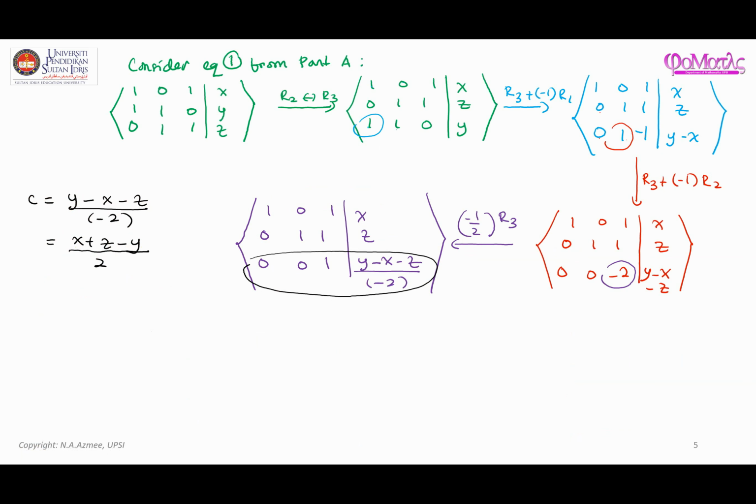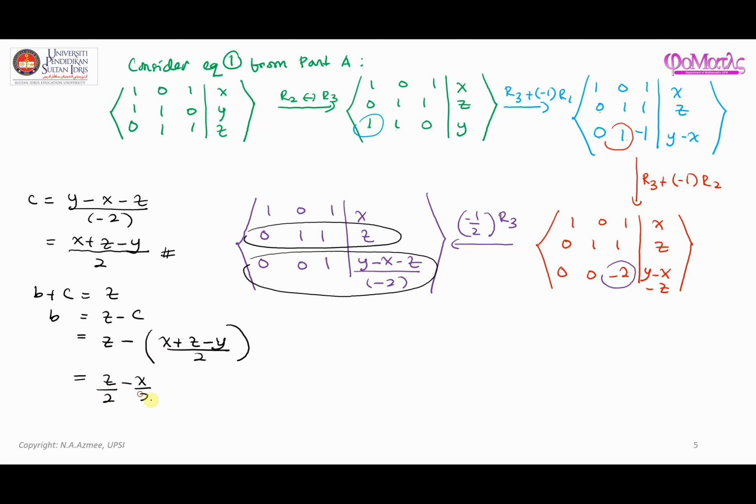Okay, so that is the value of C. Now for this one here, I have B plus C is equal to z. B is z minus C. So z minus x plus z minus y over 2. We can see that this is z, which is 2 over 2 z. This is negative z over 2. So the result here is going to be z over 2 minus x over 2 plus y over 2.